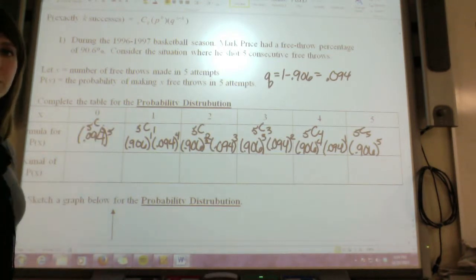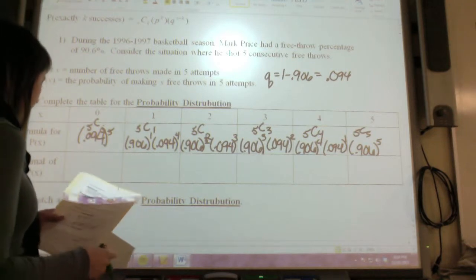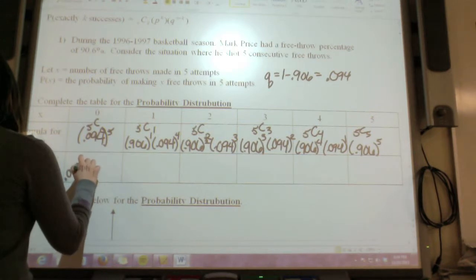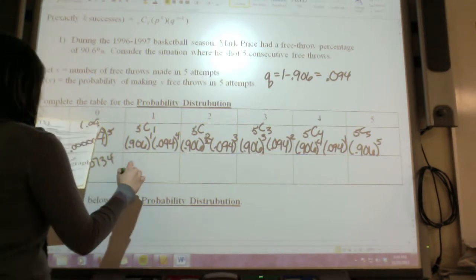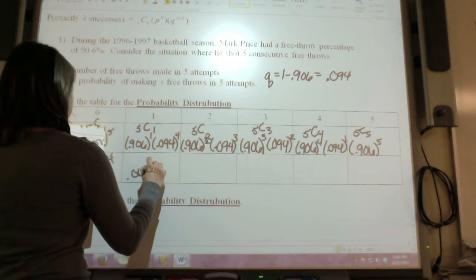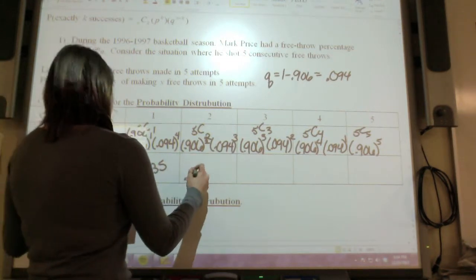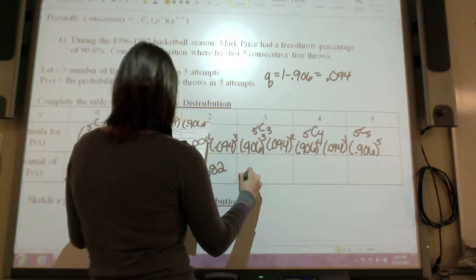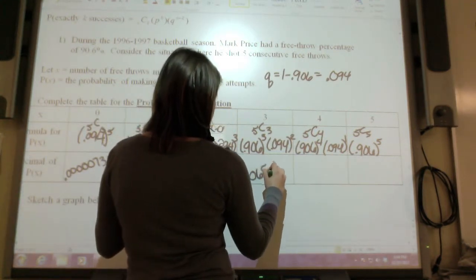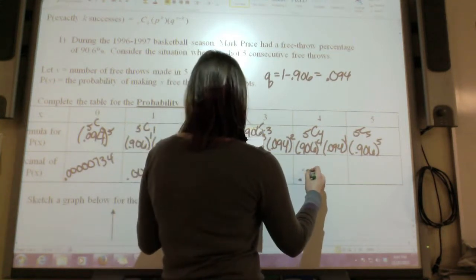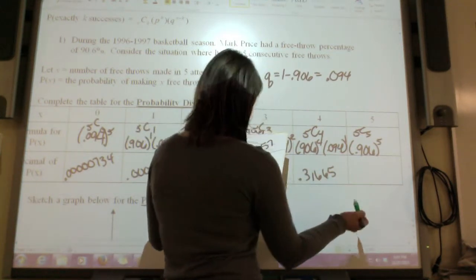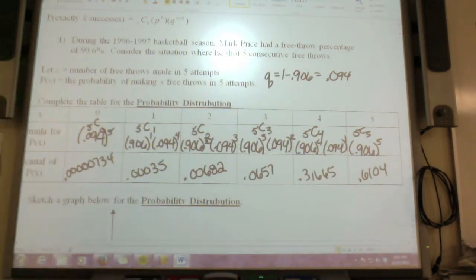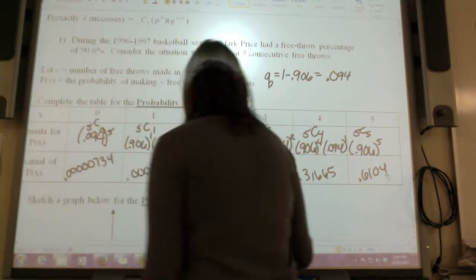Now if you plug all those into your calculator and get decimals, you should get 0.0000734, 0.00035, 0.00682, 0.0657, 0.31665, and 0.6104. Those are your probabilities for the probability distribution.